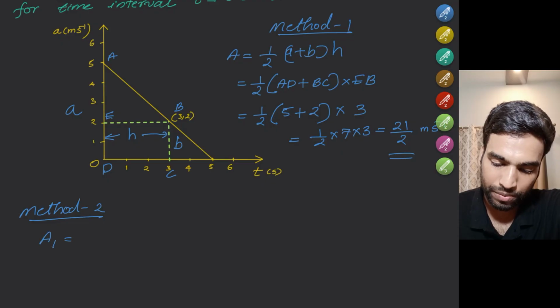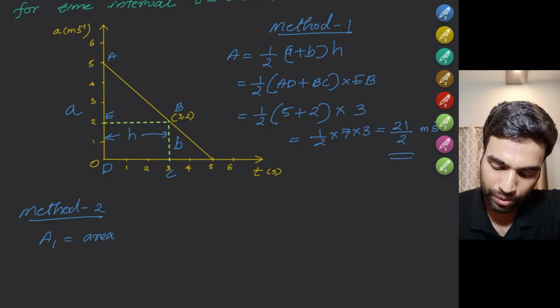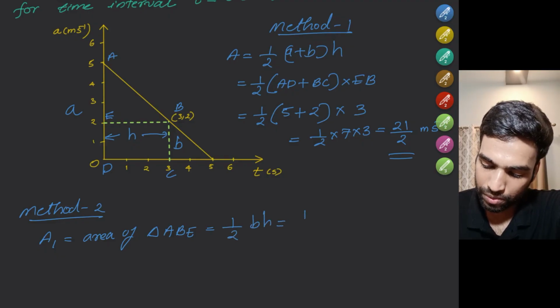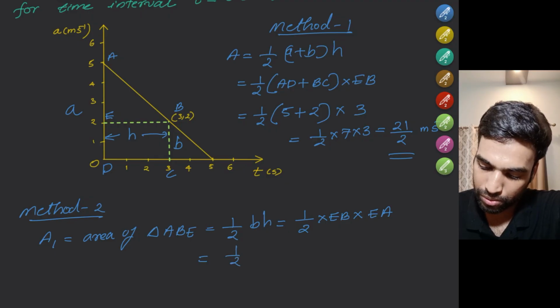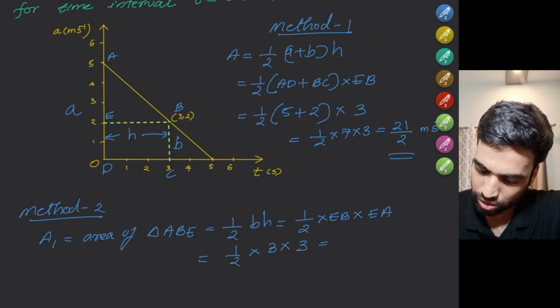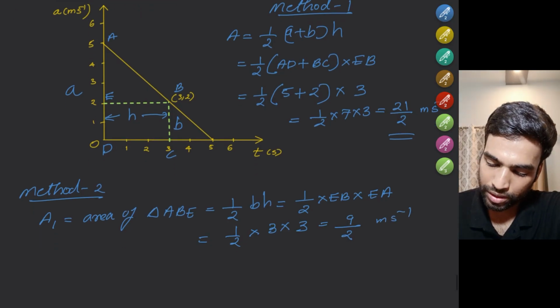A1 is the area of triangle ABE, which is nothing but half into base into height. Now, of course, base is EB and height is EA. So the area will be half into 3 into 3, which is 9 divided by 2 meter per second. Got it?